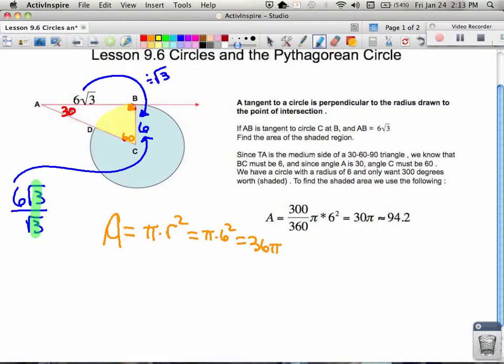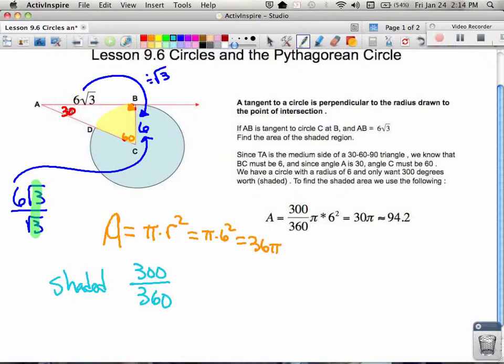Well, if that yellow pie piece takes out 60 degrees out of my circle, that means I still have 300 degrees in there. Or in other words, I have 300 degrees out of the 360, and this is my shaded degree measurement.